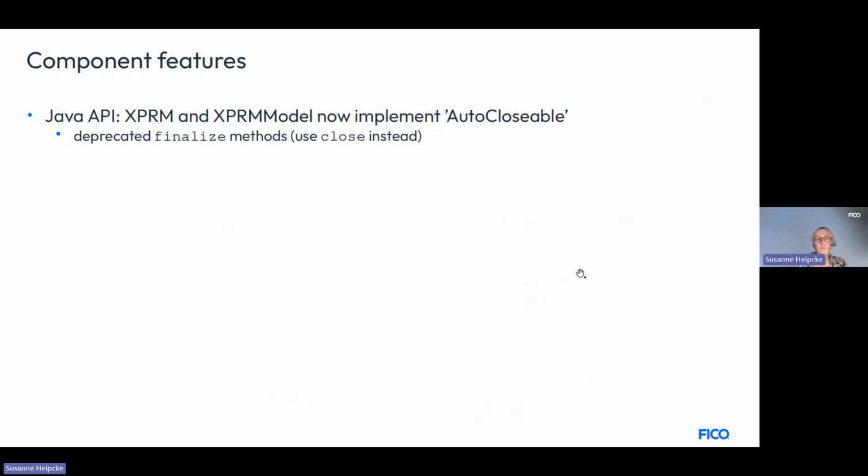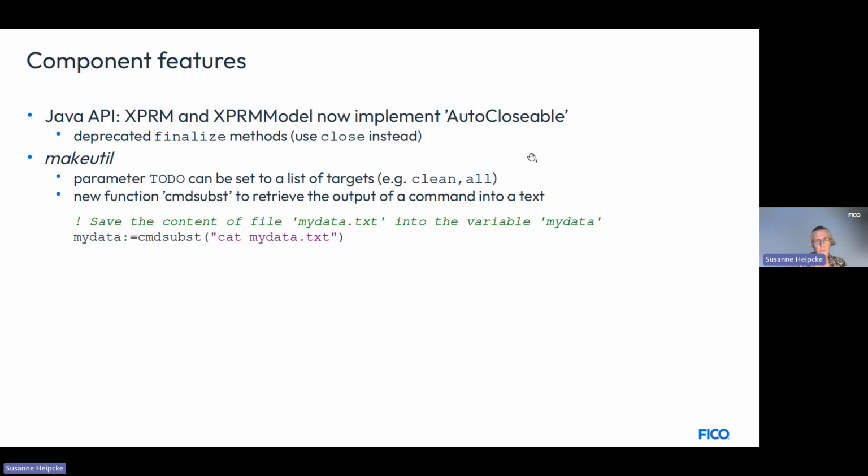For the Java, we have deprecated the finalize methods and you now use the close operators, so standard Java instead. Makeutil has a new parameter todo. The todo existed, but now it can actually take a list of targets and not just one target.